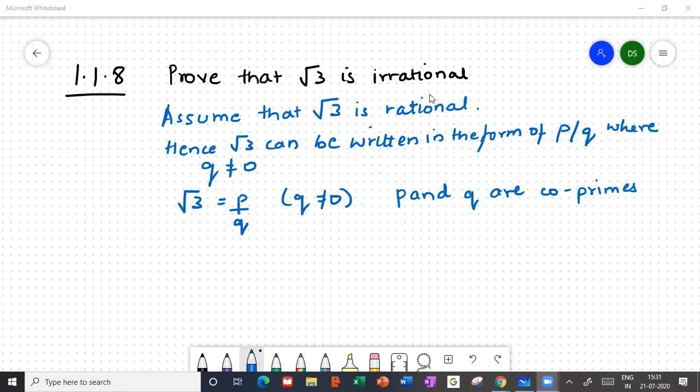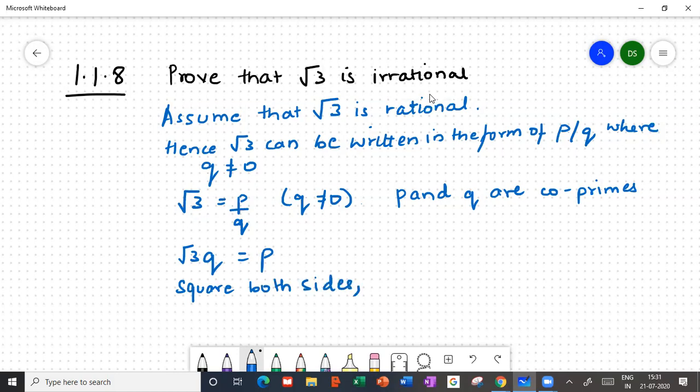No, there is no condition like that. Okay. So once you write it like this, the next step is you simplify it, or you can write it as 3q is equal to P, then you can square both sides to get rid of the root sign. So what will you get?